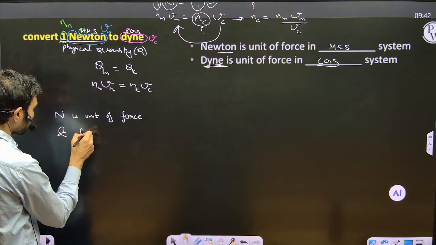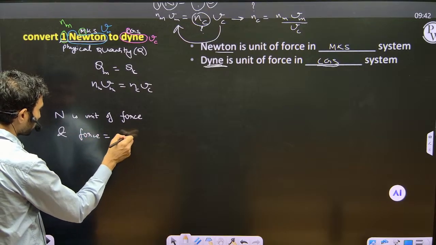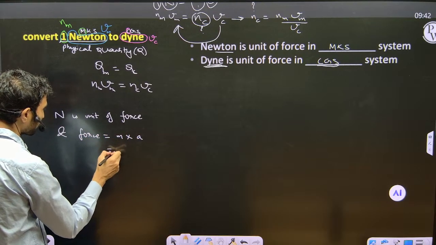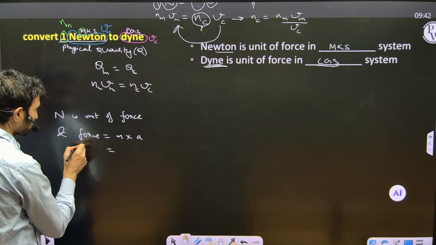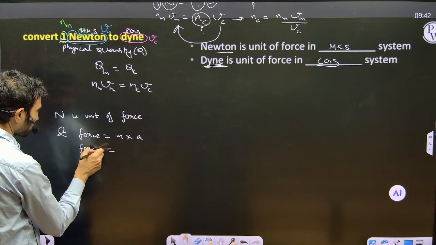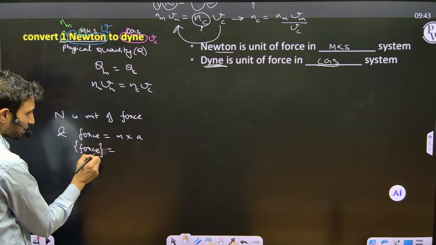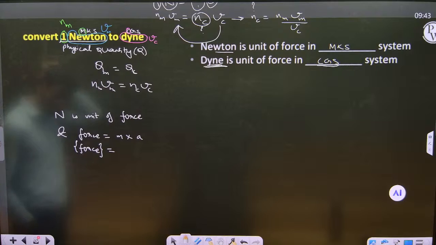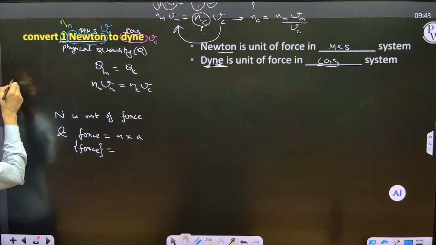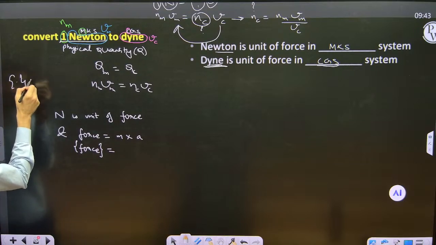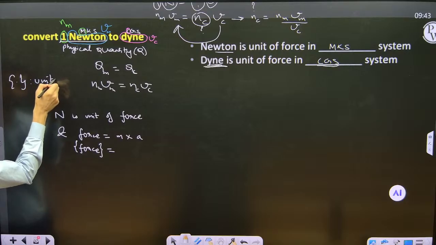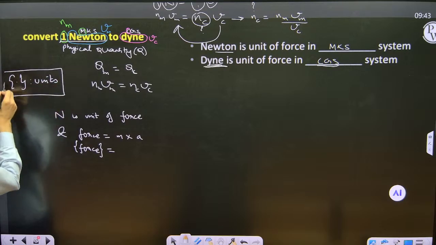And force is equal to mass into acceleration. So unit of force, curly bracket means unit. I've told you before also. Curly bracket means units, right?